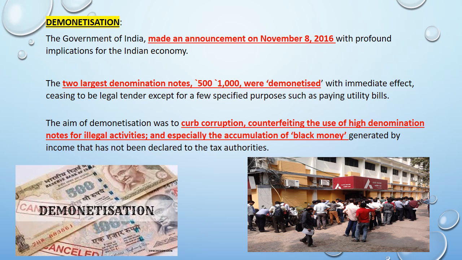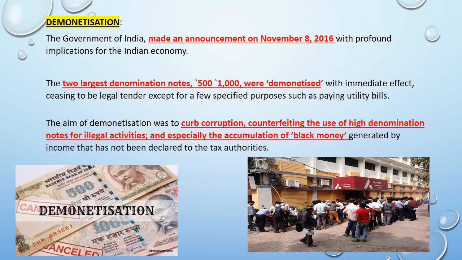So overnight he announced, on November 8th 2016, that all these currencies are no longer valid. He gave a certain date by which you needed to exchange these currencies and make sure you do not have them.